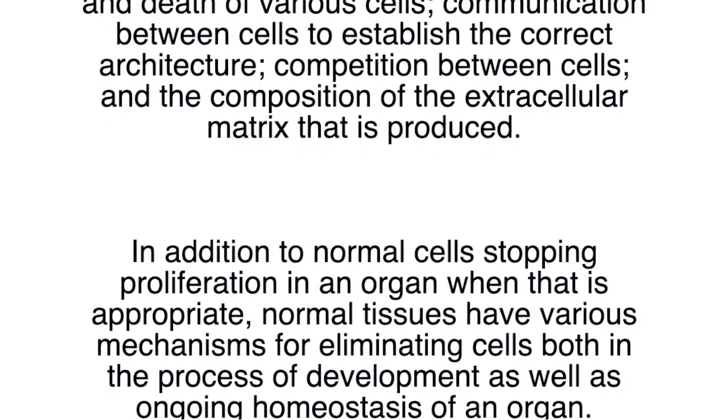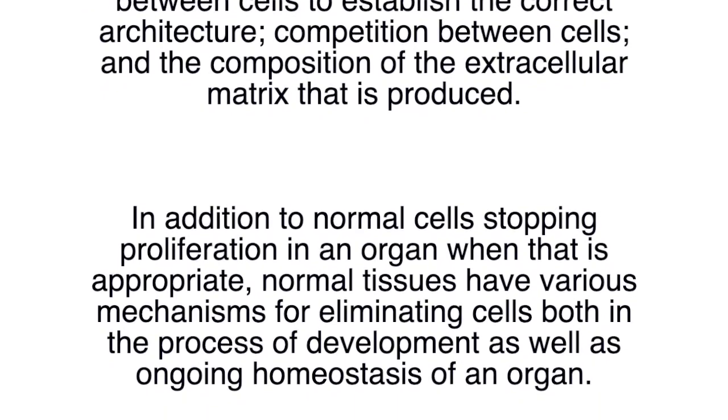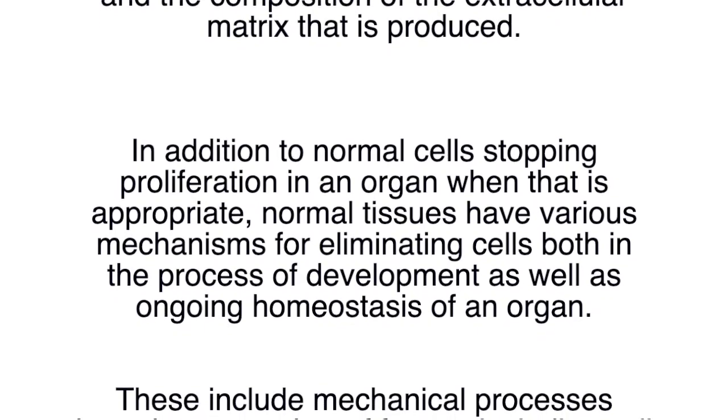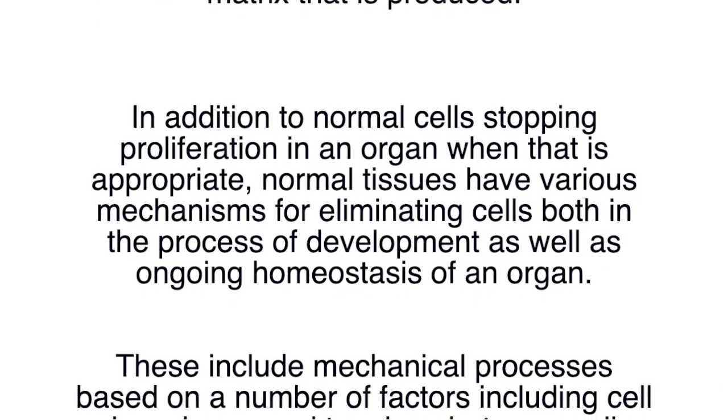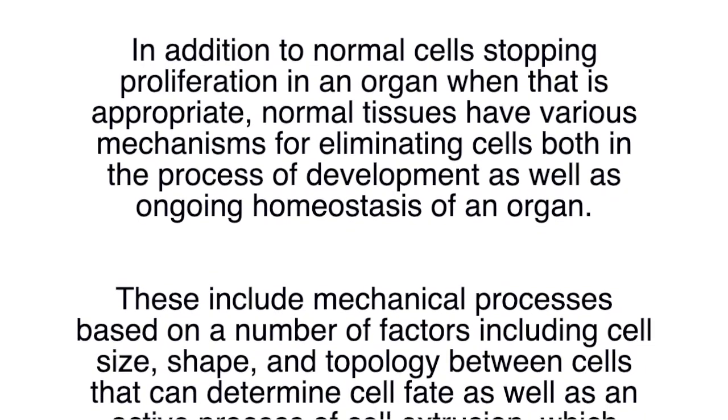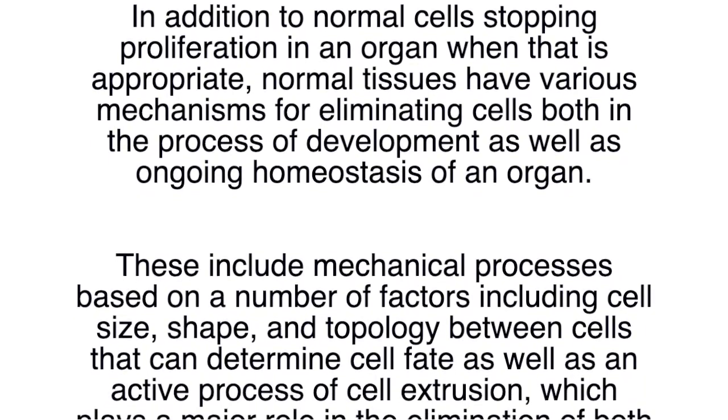In addition to normal cells stopping proliferation in an organ when that is appropriate, normal tissues have various mechanisms for eliminating cells both in the process of development as well as ongoing homeostasis of an organ.